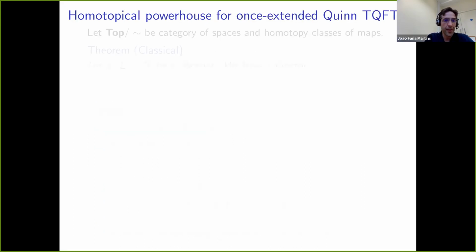And I'll start by saying what the homotopy powerhouse for it is. For Quinn's finite total homotopy TQFT, the powerhouse was the fact that the homotopy content of the total space of a fibration is equal to the homotopy content of the base times the homotopy content of the fiber.